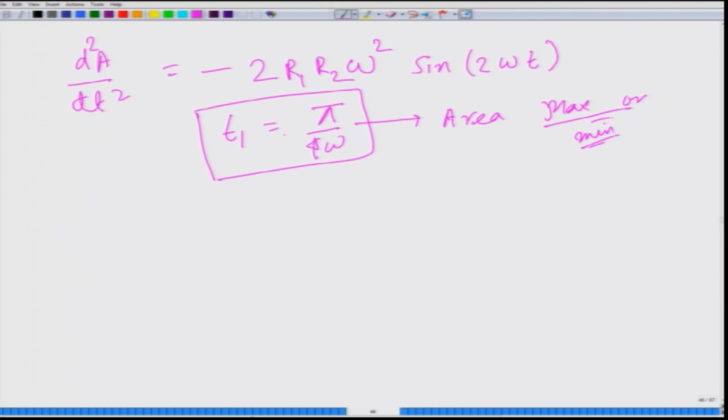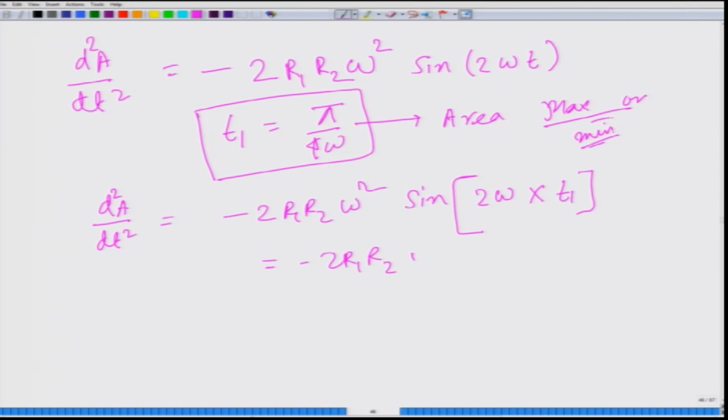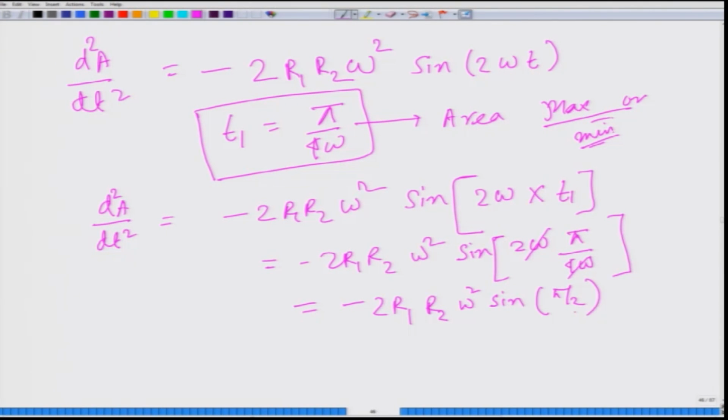We put this time here. The double derivative becomes minus 2 r1 r2 omega square sine of 2 omega t1, and t1 is pi by 4 omega. So omega cancels, I get pi by 2. Minus 2 r1 r2 omega square sine of pi by 2, and the value of sine of pi by 2 is 1. So I am left with the double derivative value as minus 2 r1 r2 omega square.